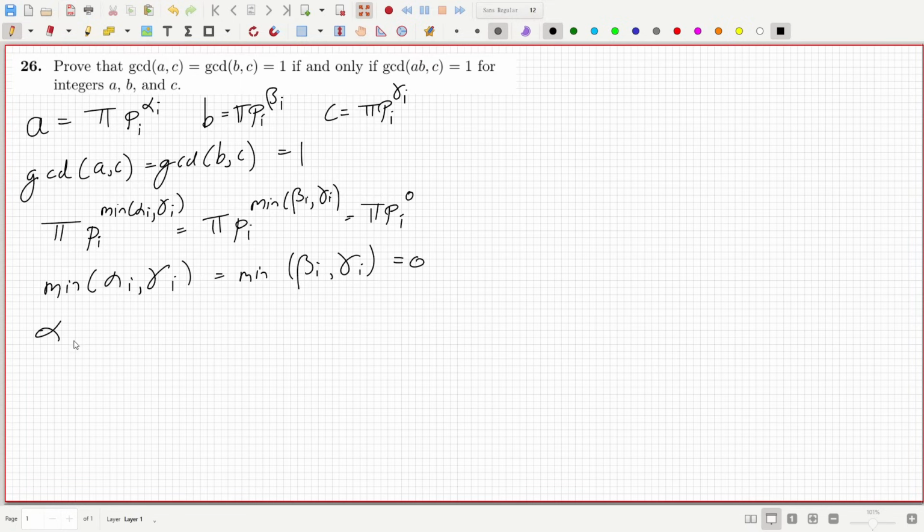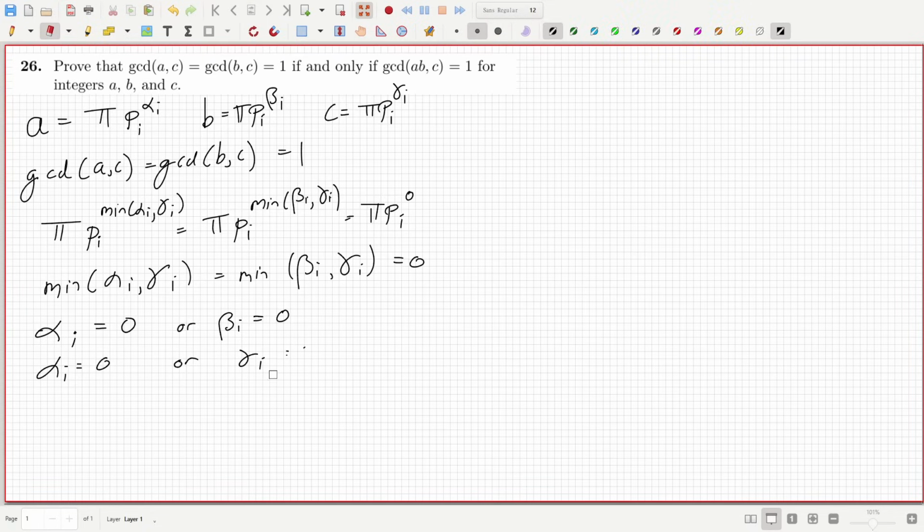Perhaps a product might be the best way. So that means alpha_i equals 0 or gamma_i equals 0. It can't be just alpha_i, but if gamma was 0, then it'd be job done.